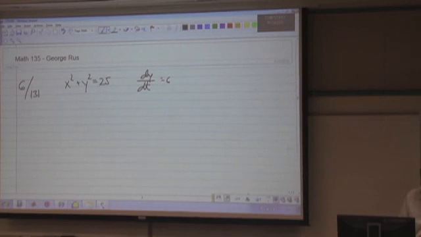And we're supposed to find dx over dt when y is equal to 4. So as it turns out, this is basically just a simple problem of differentiation.